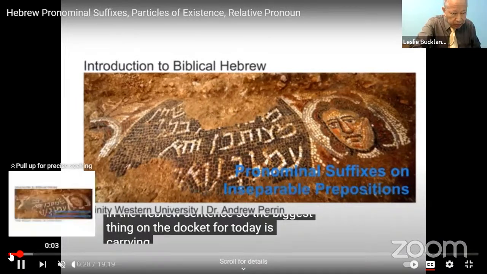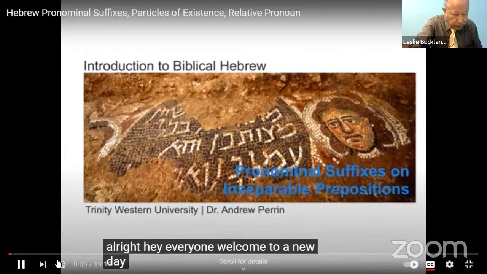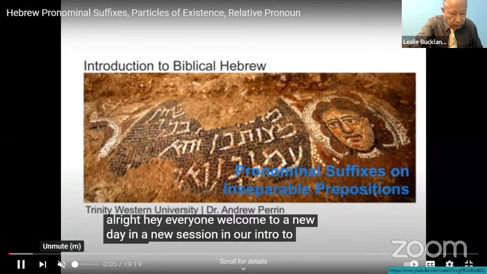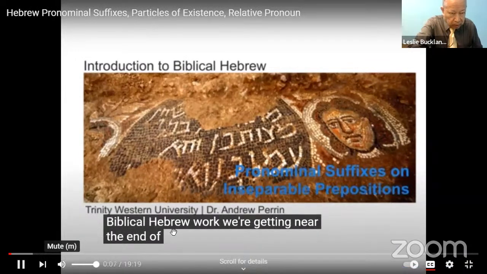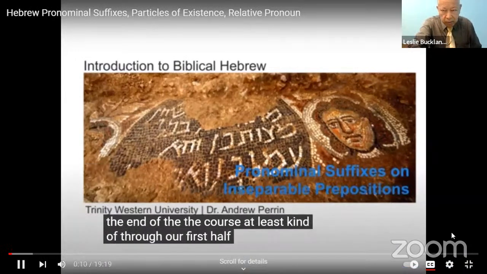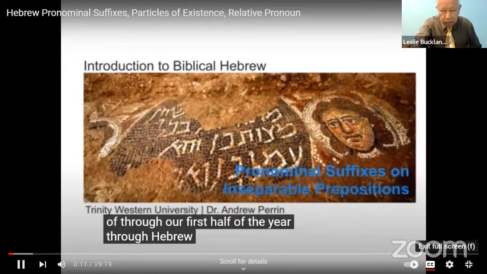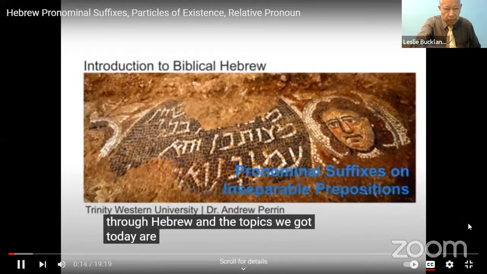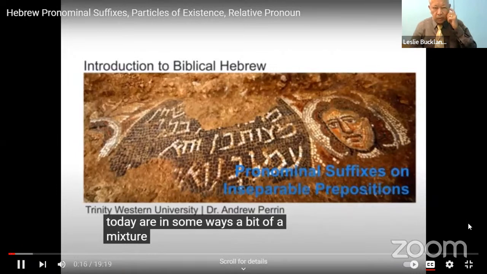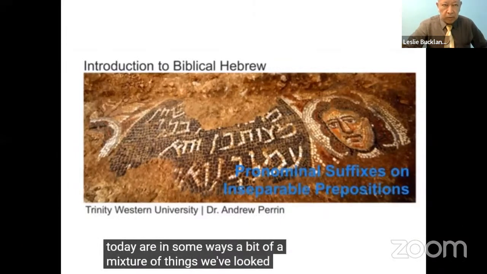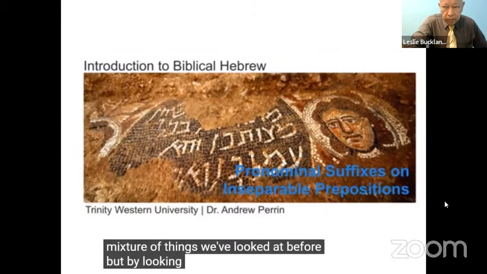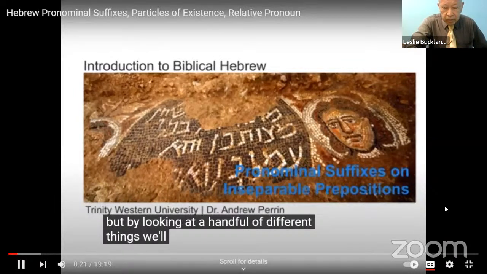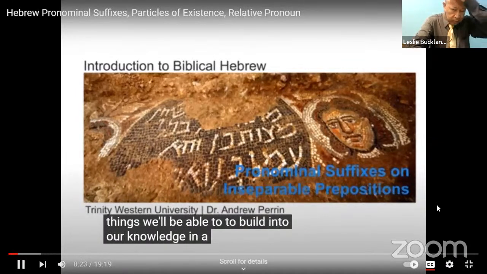Okay, let me start over again. We're getting near the end of the course, at least through our first half of the year of Hebrew. The topics we've got today are in some ways a mixture of things we've looked at before. But by looking at a handful of different things, we'll be able to build our knowledge in a few different areas in the Hebrew sentence.